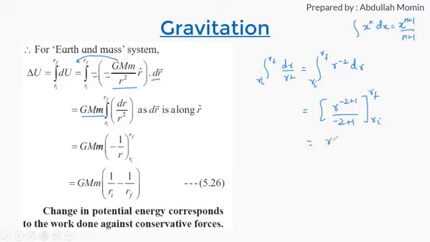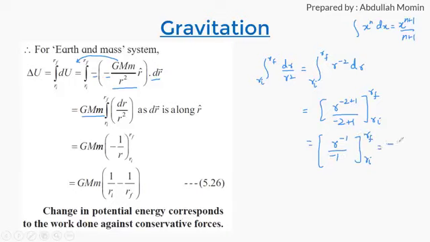First let's solve this power. Minus 2 plus 1 is minus 1, so we have r raised to minus 1 upon minus 1 from rf to ri.